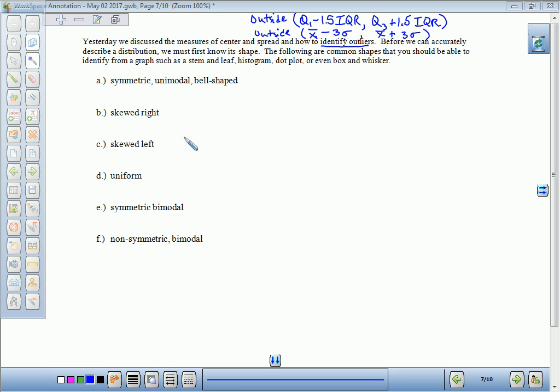So we actually have two methods of determining outliers. I'm totally fine with you using the IQR. But the other method is with standard deviation. It's the same idea. It's any piece of data that falls outside of 3 standard deviations from the mean. So this would involve the mean, plus or minus 3 standard deviations.